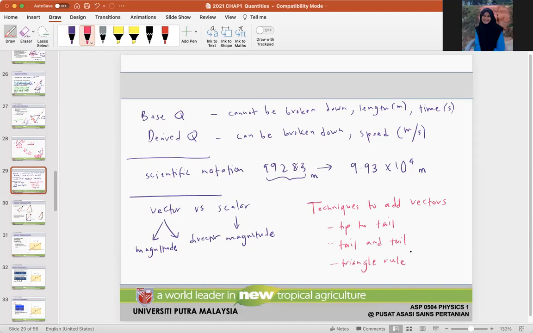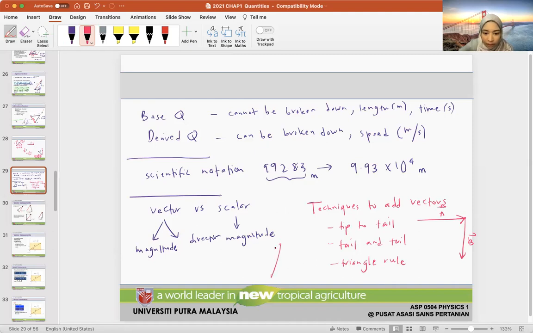Okay, so tip to tail, as the name says, you go for one vector first. Let's say this is vector A, and then this is the tip. You connect it to the tail of the other vector. So that is tip to tail. And then tail to tail, your A vector and your B vector are connected at the tail like that. So how do we find the resultant vector?